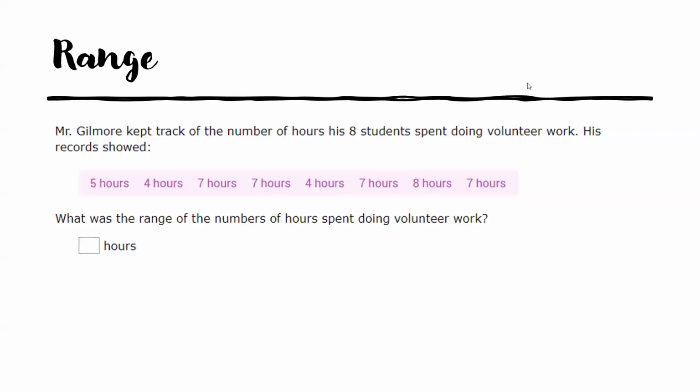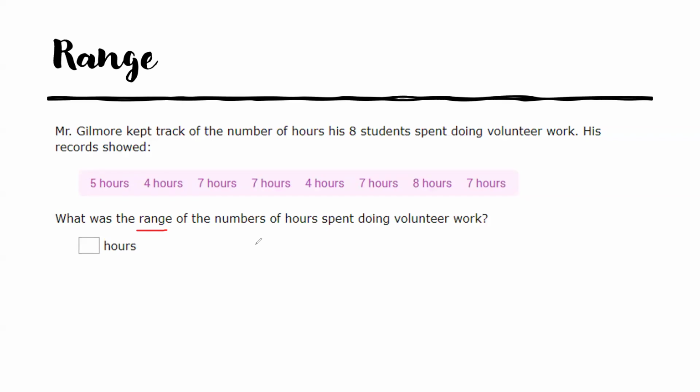All right, final example we're going to do here today is another one on range. Mr. Gilmore kept track of the number of hours his 8 students spent doing volunteer work. His record showed as follows. What was the range of the number of hours spent doing volunteer work? This time I'm not going to put them in order from least to greatest.